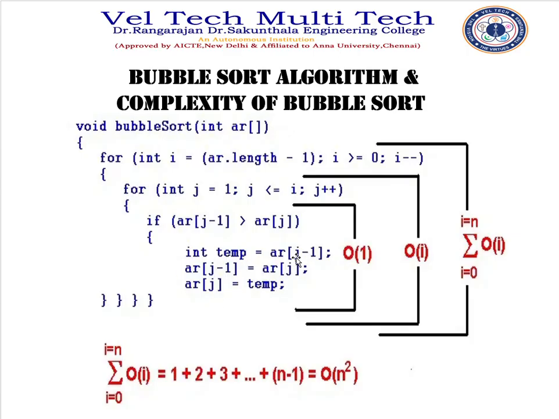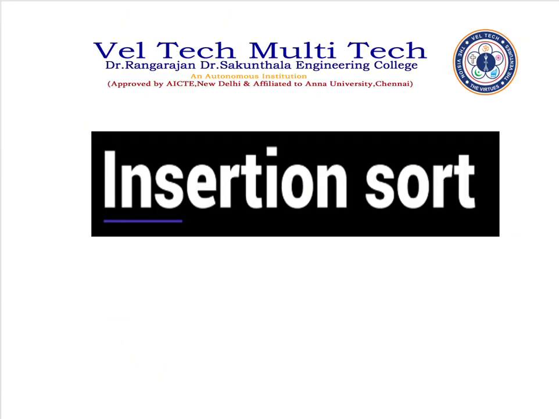So using the third variable we have performed this swapping, and this is how it works. And the complexity of bubble sort is order of n square.